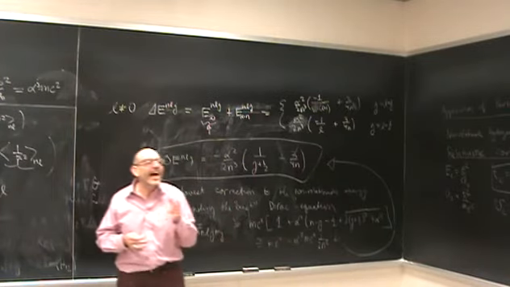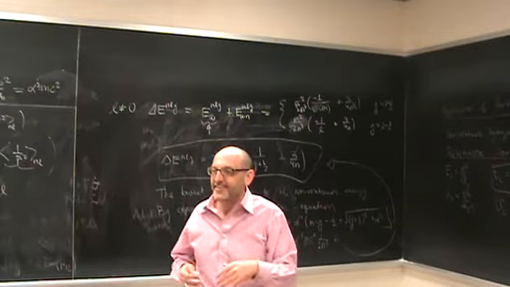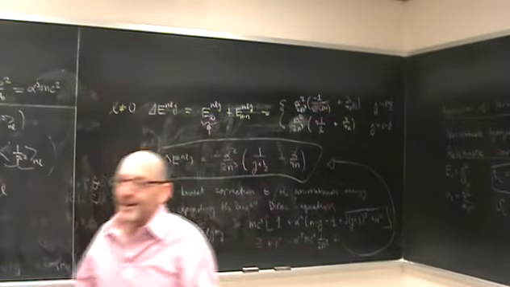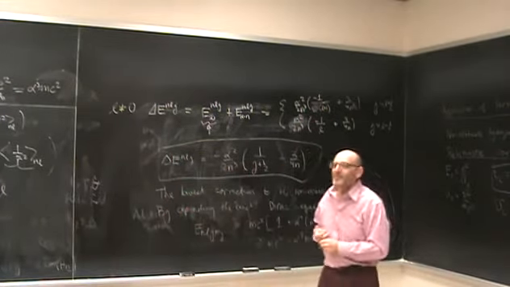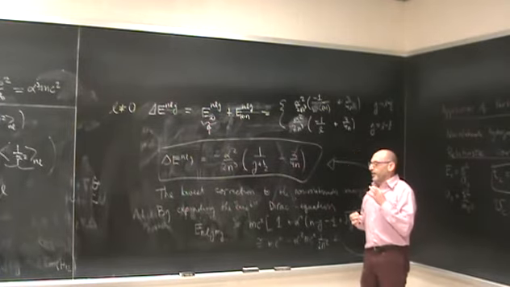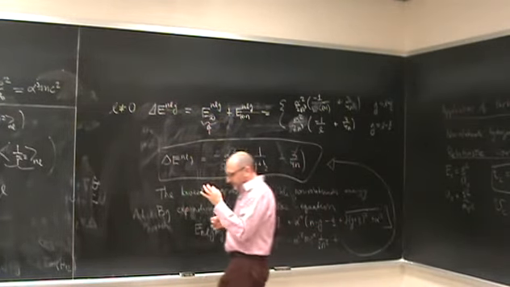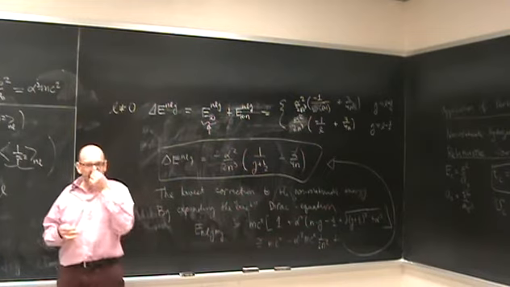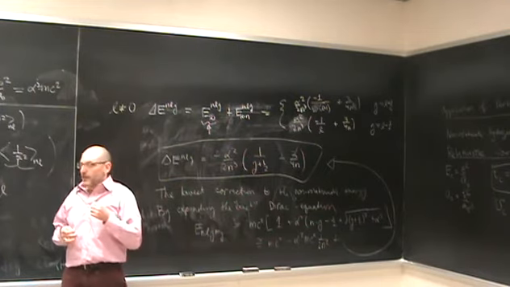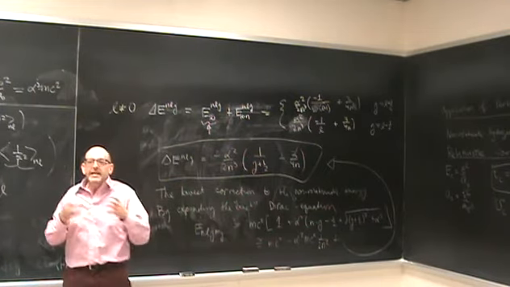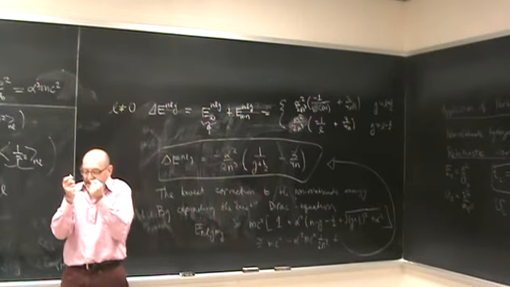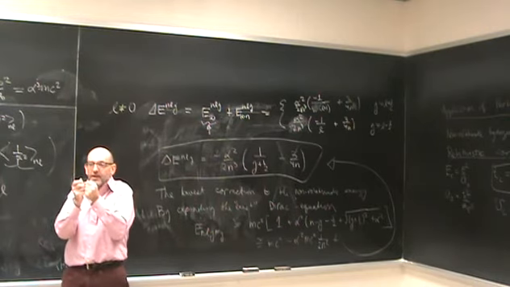Now, Darwin, I found out, I had no idea, was actually the grandson of the famous Darwin. Yes, he was a physicist. But anyway, that term cannot be understood as coming from some simple perturbation. It's coming from the idea that there are positrons and electrons.